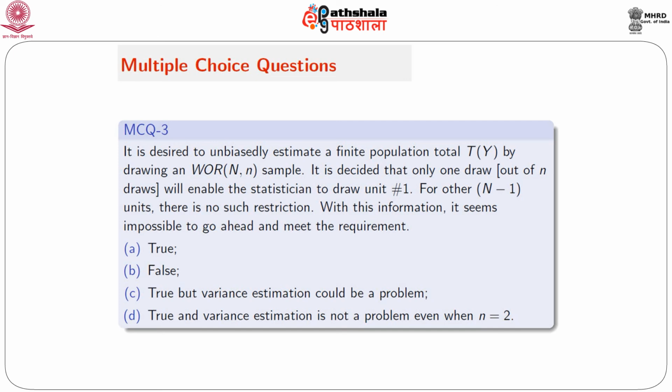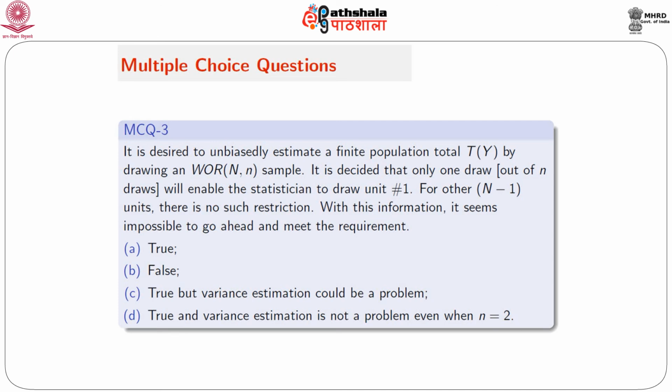It says we are referring to without replacement sampling, but then it has been decided that only one draw will enable the statistician to draw unit number 1. So for example, the very first draw, I can have a selection of one unit out of capital N units, but the first unit has a positive selection probability so that it can come. In all the other draws, the first unit has 0 selection probability.